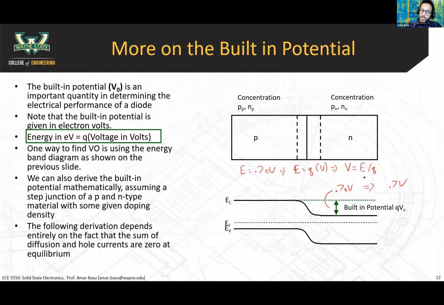E in this case is energy divided by Q. So this is 0.7 eV divided by 1.6 times 10 to the negative 19 joules. But then you also have this conversion that 1.6 times 10 to the negative 19 joules is equal to 1 electron volt.